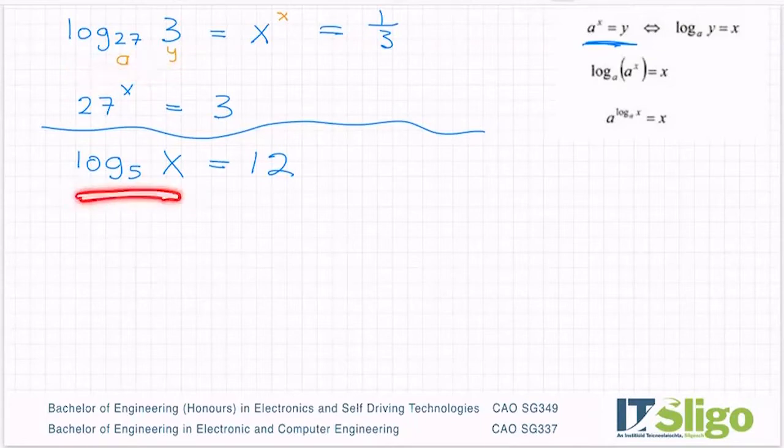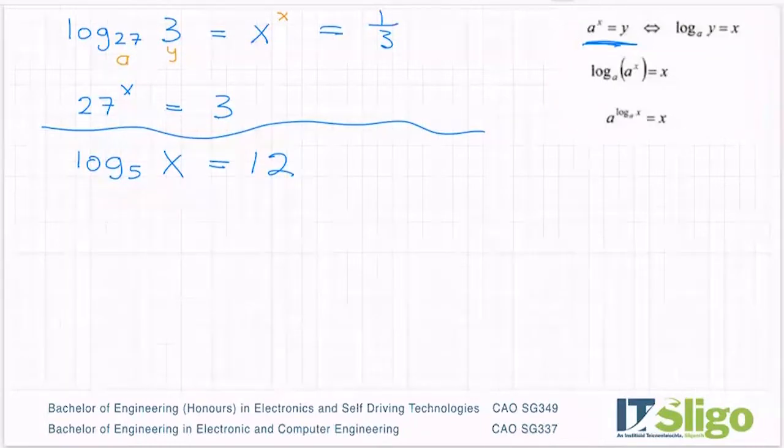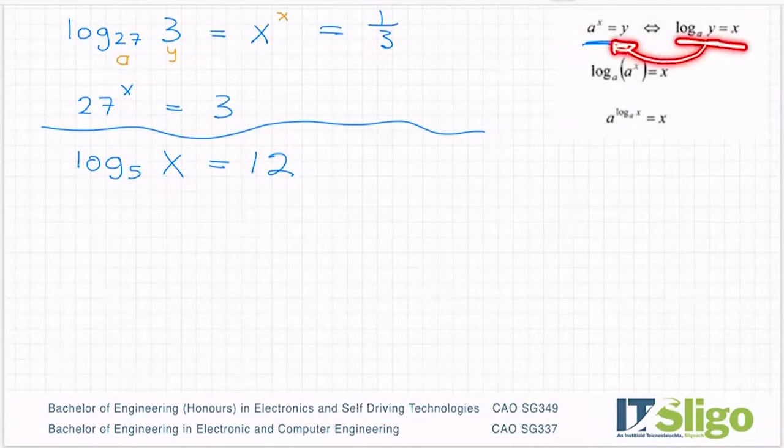So you have to use one of these little tools here to be able to solve this one. So again, if we practice the switch, we're going from the log side, the right-hand side this time, back to the power side. So label it. There's your a, there's your y, there's your x. And then just rewrite it using indices, and then you'll be able to get it into the calculator.